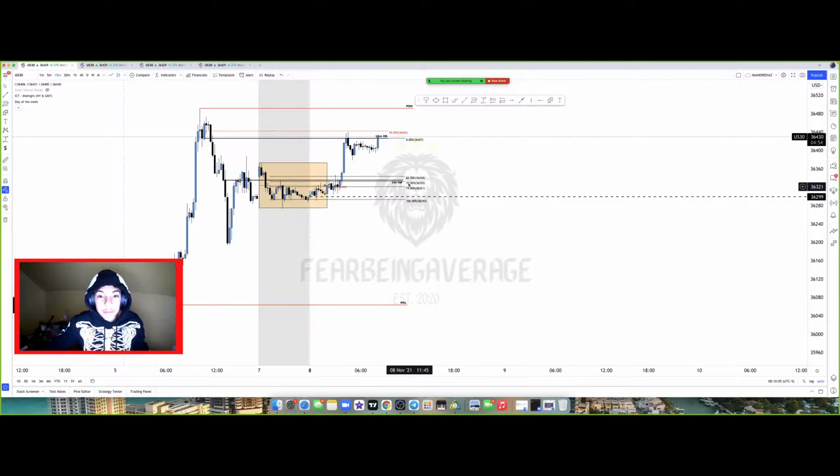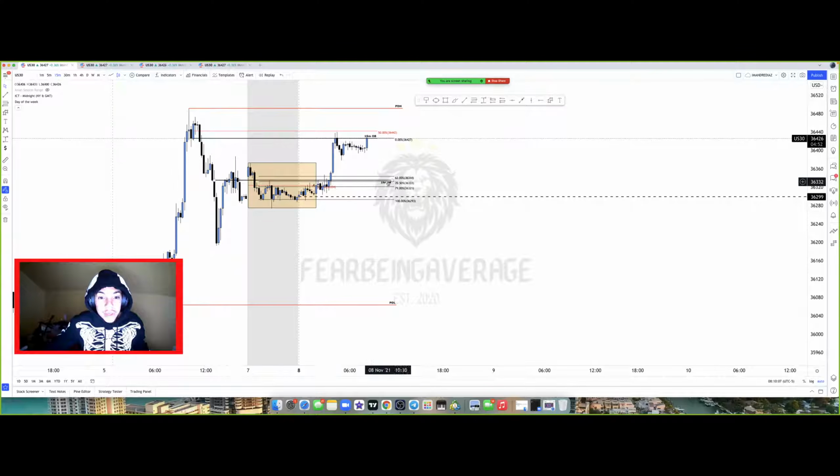Why? Because what do we see? This order block is also in confluence with our fib that we drew from this low to the high. This is in the same area as right here, which is our 36,333 level. Then we have that 50% of that Asian range. And now we have that 1 hour order block also.